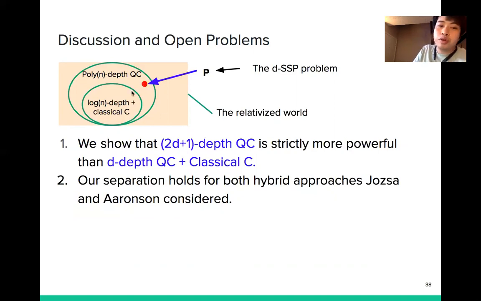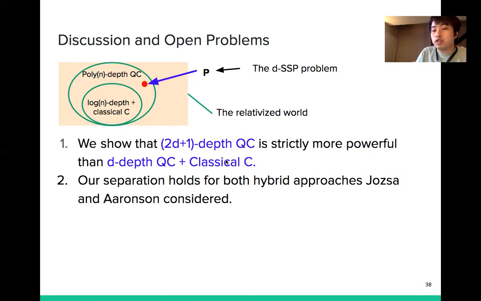So in addition to showing that poly-depth quantum computers are strictly more powerful than log-depth quantum computers plus classical computers, we actually show a separation between 2d plus 1 depth quantum computers versus d-depth quantum computers plus classical computers.